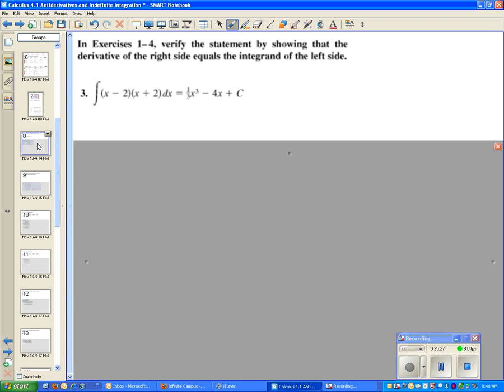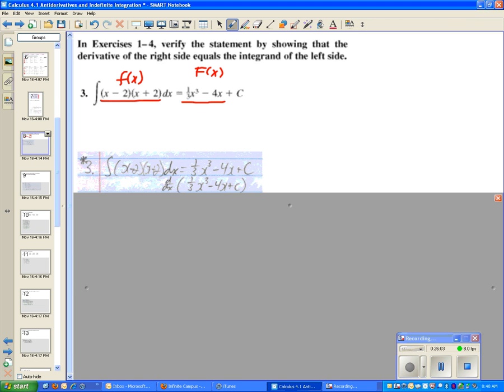When we say the integral of f of x equals capital F of x plus c, we're saying that the right side is the antiderivative of the integrand. Well, if I take the derivative of the antiderivative, I have to get back the integrand, the function. Okay? So all we have to do is verify it, so we know it's going to work.